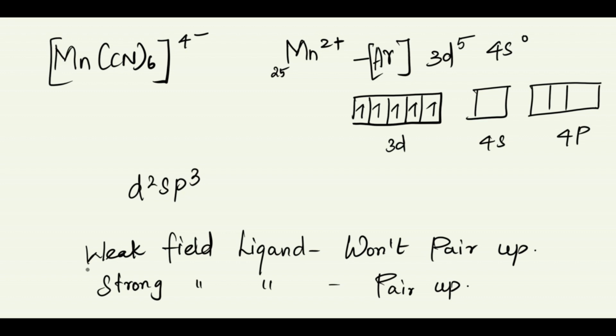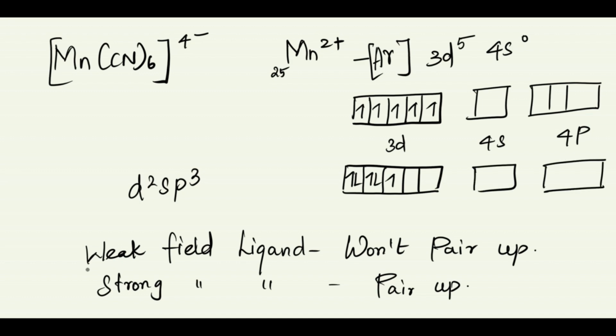So how does it get paired up? Here I am having 5 electrons. So at the excited level, because of the arrival of CN, it becomes like this. Okay.